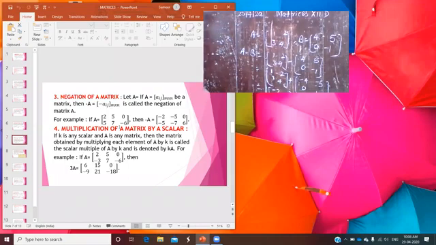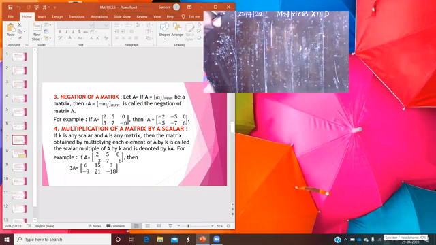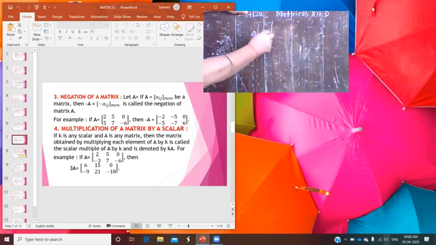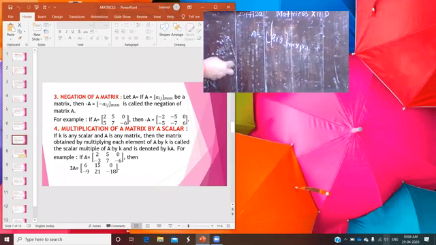Now the fifth operation is multiplication of a matrix by a scalar. How do you define the multiplication of a matrix by a scalar? Suppose you have any matrix A equal to Aij of order m by n, and suppose k is any scalar number.